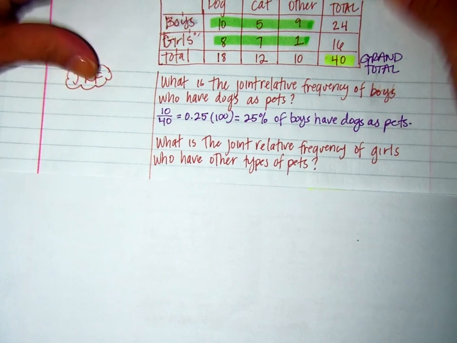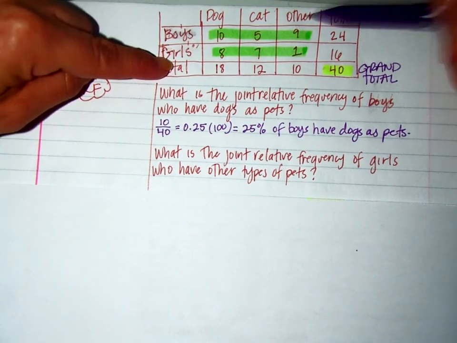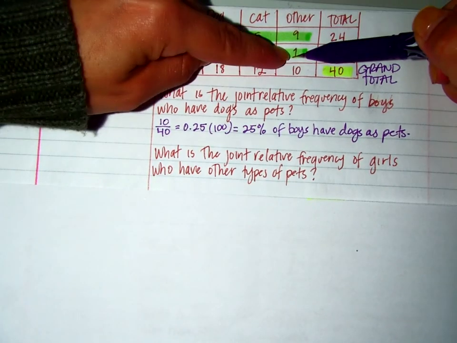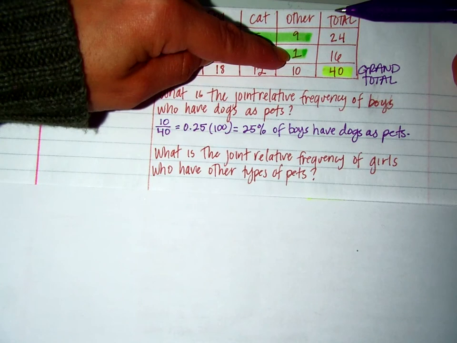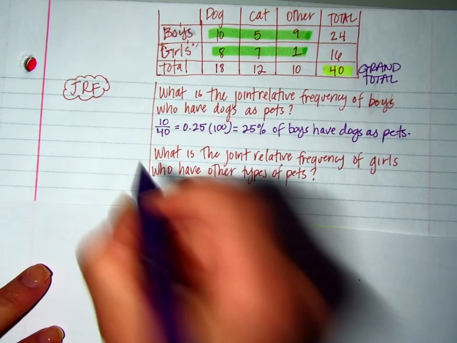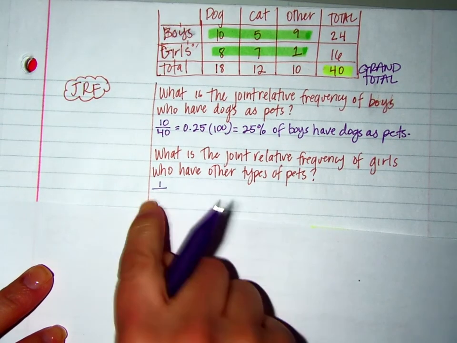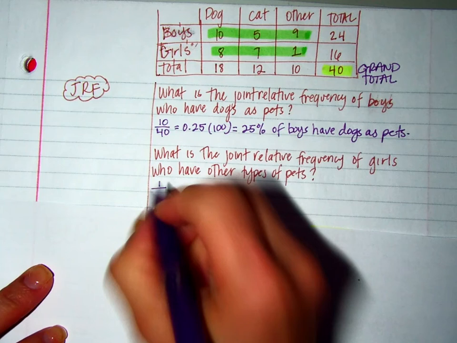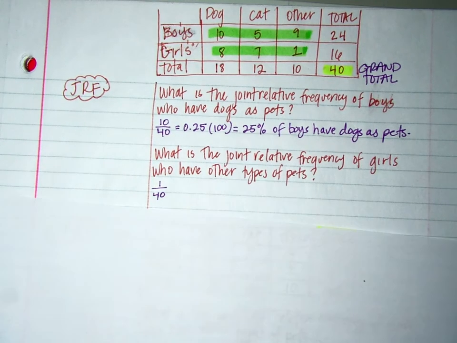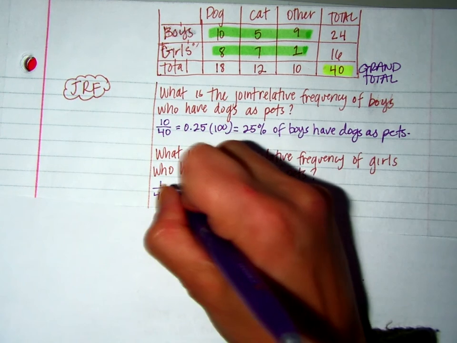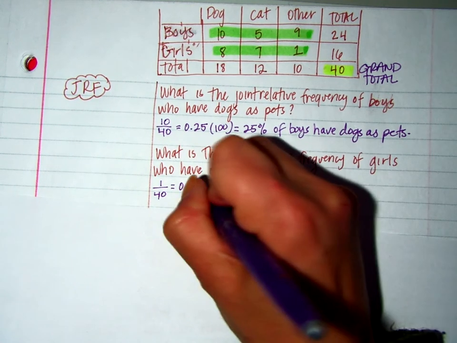So I'm going girls, other, and I'm going to see that only one girl has another type of pet. So I'm going to take that number 1, and I still have to divide by the grand total, which is 40. Take your calculator, and again, you can pause at any time, okay? So if you need to slow down, if you need to play it back, do that, okay? 1 divided by 40 is going to give me 0.025, okay?